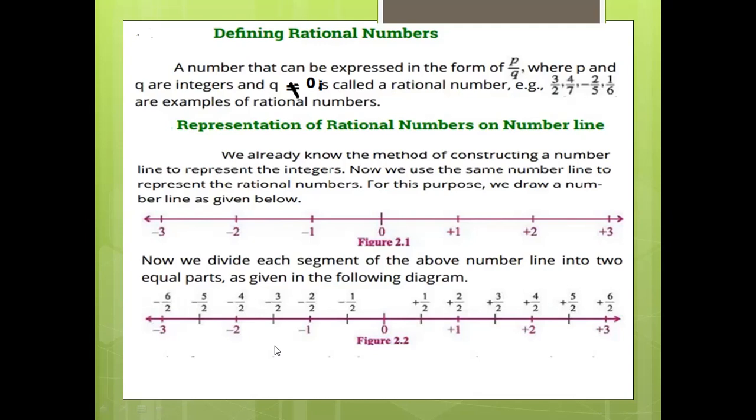So how to draw a fraction on a number line, you have to learn in this video lecture. Now I have one video for you in which you can easily learn how to draw the integers or how to draw the rational numbers on a number line.